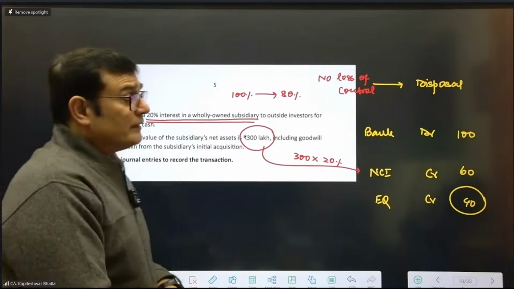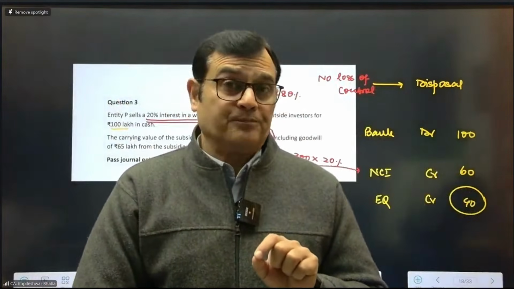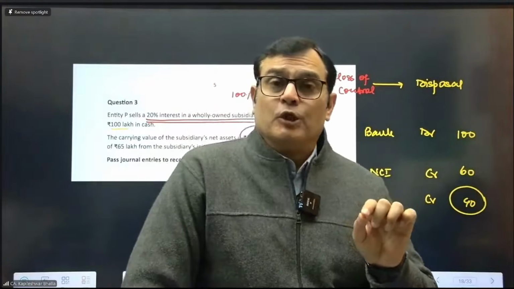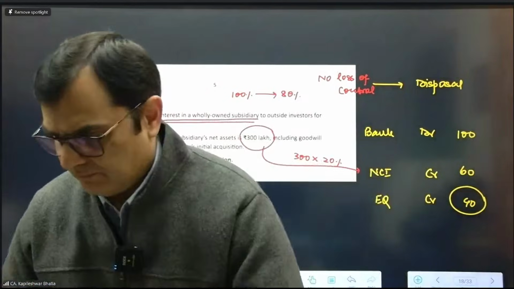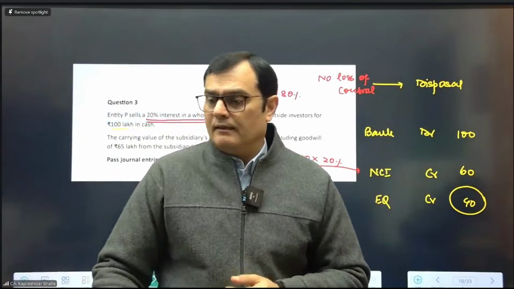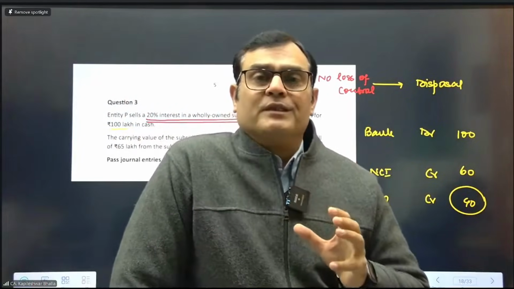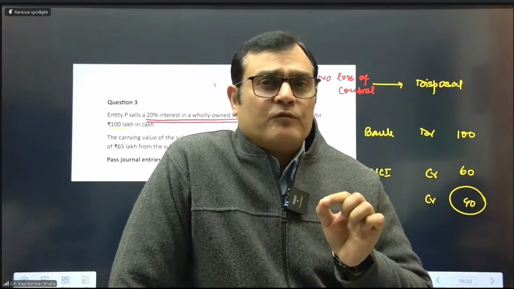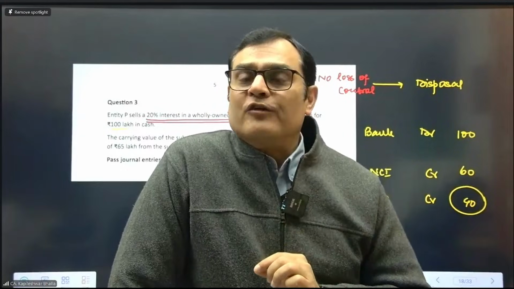Now, there is one thing which I did not mention earlier, but I think it's worth mentioning at this stage. In this entry, whether you debit the NCI or you credit the NCI, can I say the amount of NCI would either be a case of PASNA or a case of fair value?